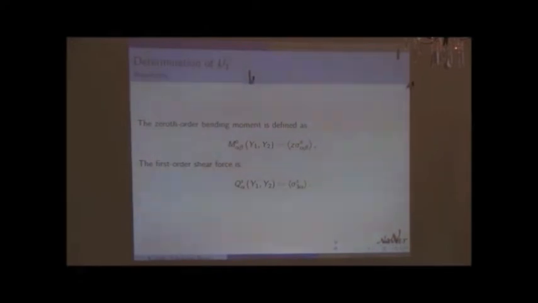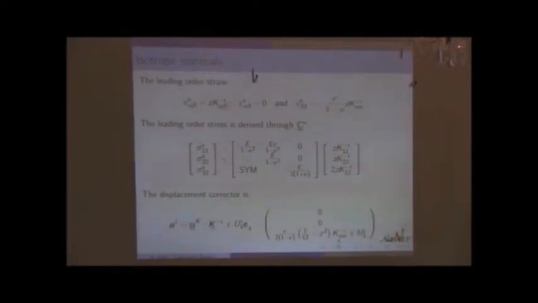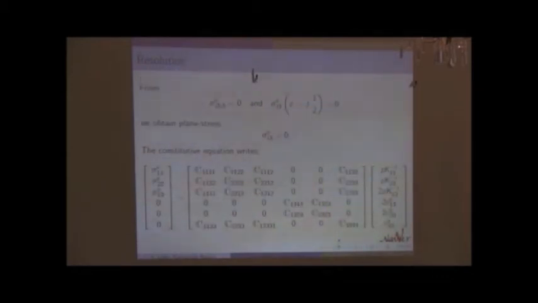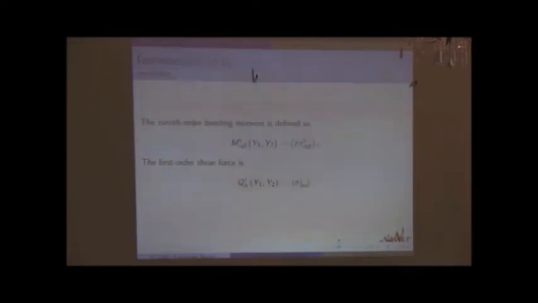And I need the first order shear force, so I need to integrate through the thickness sigma 1, which is unknown at this stage because we solved for sigma naught. This is sigma naught which is determined. And we need to look for sigma 1 because we know that the transverse shear strain at this order is 0. So I define this as the shear force.